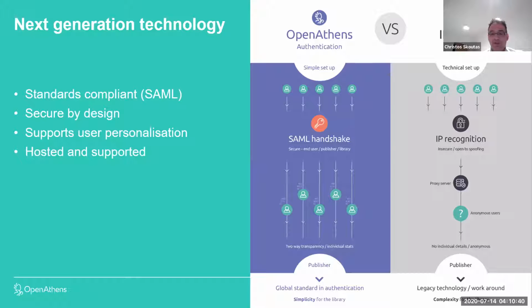How does it do that? Well, users have a better experience when they access content on site, but also remotely. That's very important, as we have seen an increase in traffic from remote users in the last few months due to the COVID-19 pandemic. For libraries, some of the benefits are that users access subscribed content easily, which increases usage, and they don't go to sites such as Sci-Hub to access e-resources or anywhere else.